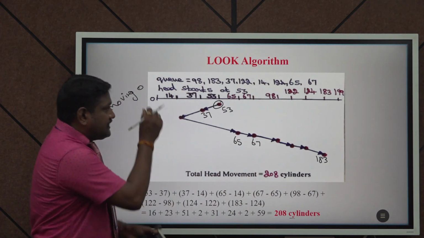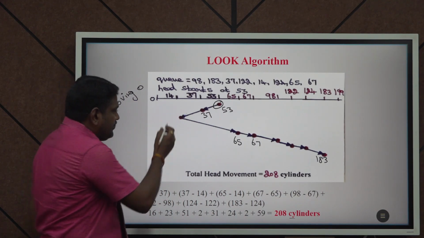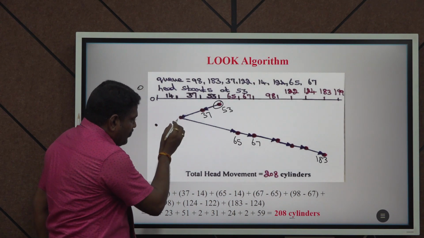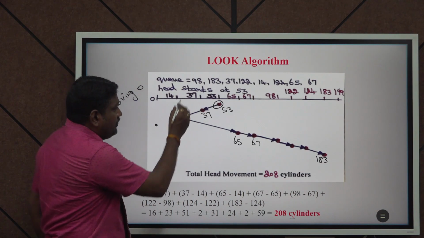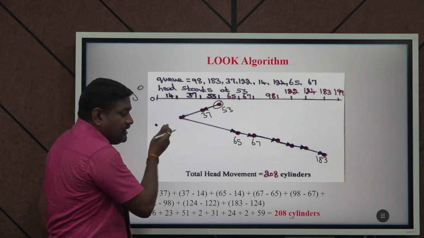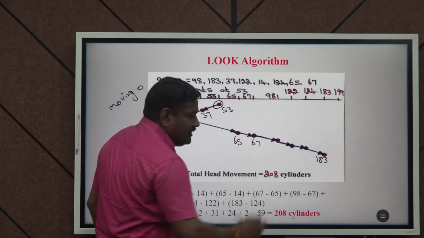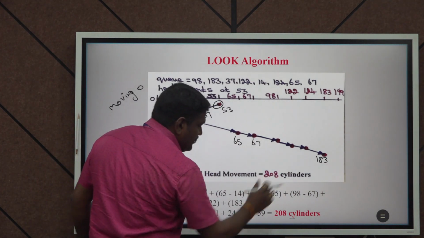So the difference between scan and LOOK is that while moving towards the left hand side, in scan we have to reach 0, and only after reaching 0 do we move towards the right hand side. But here in the LOOK algorithm, after reaching the last value on the left hand side, that is 14, we move towards the right hand side and process the remaining requests, and finally calculate the sum value.